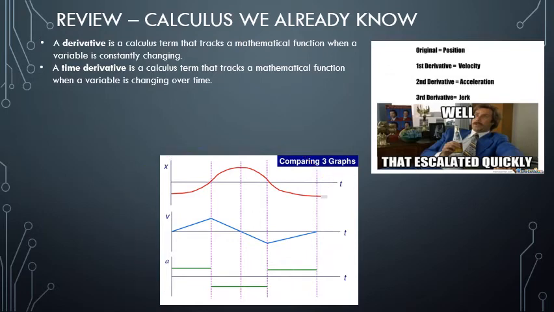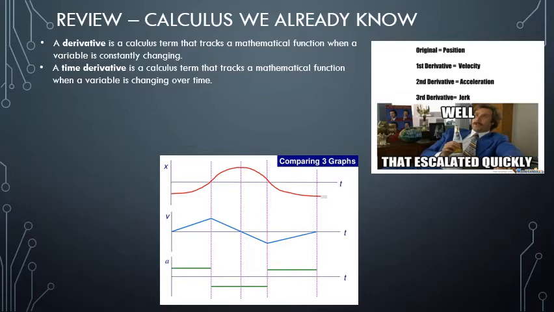Those are three examples of time-based graphs, where time is a variable and x, v, and a are all changing with time. So to track that change, we would use a time derivative, looking at how these three things, position, velocity, acceleration, change with time.